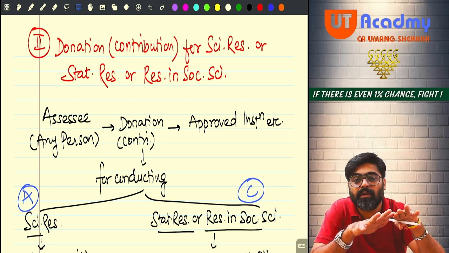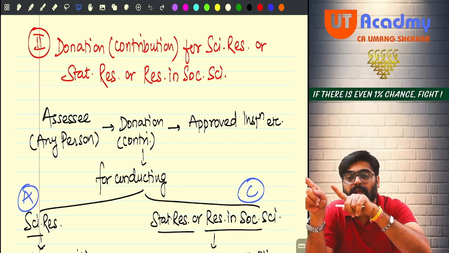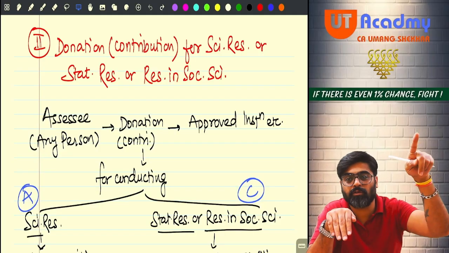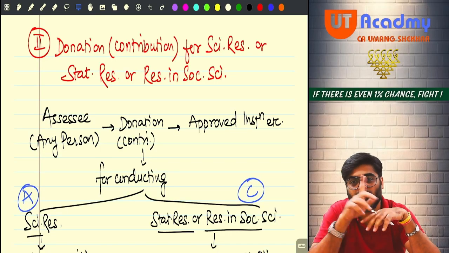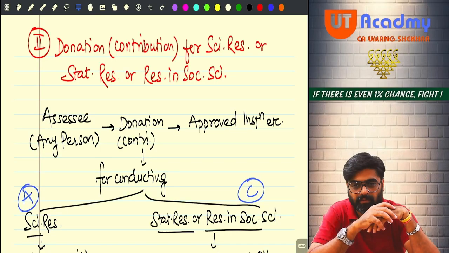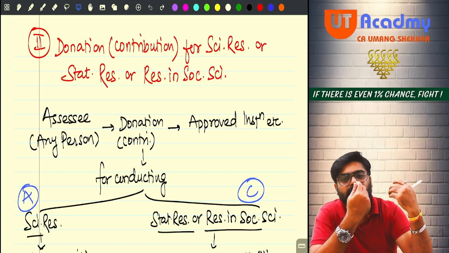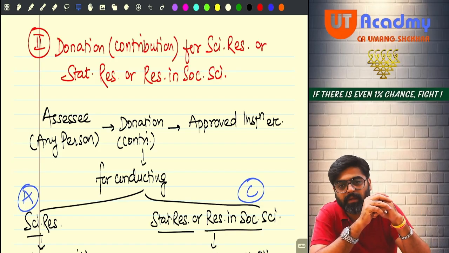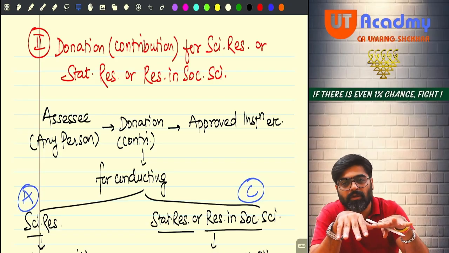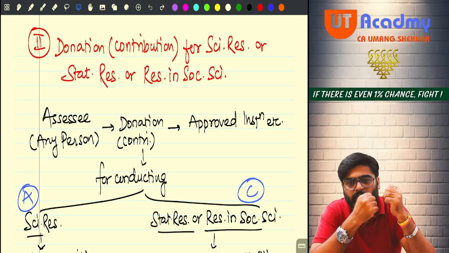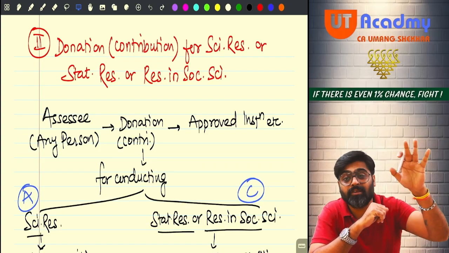The government asks the common man that if you also want, you can also contribute. If you also want, you can also donate. See, we are funding these institutes for scientific research, statistical research, etc. But sometimes the government does not have enough money to fund them, so their research should not stop.